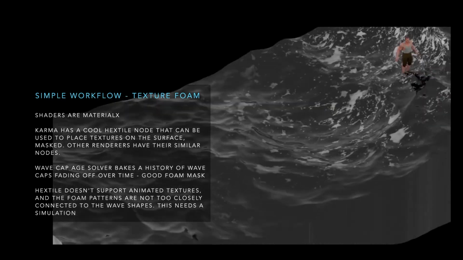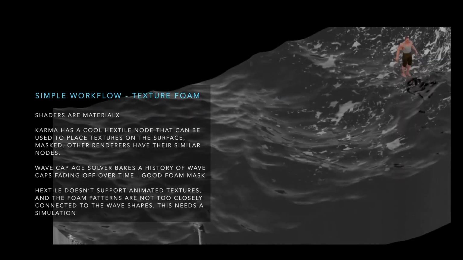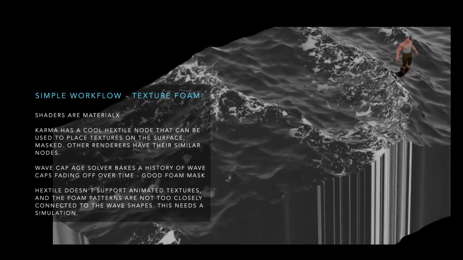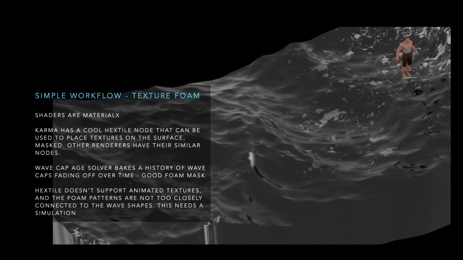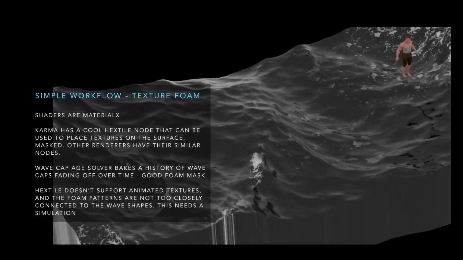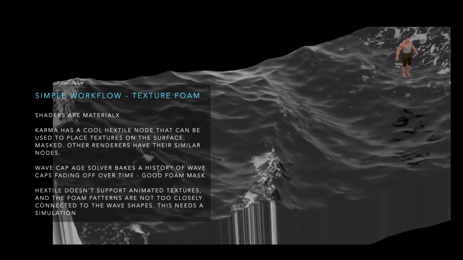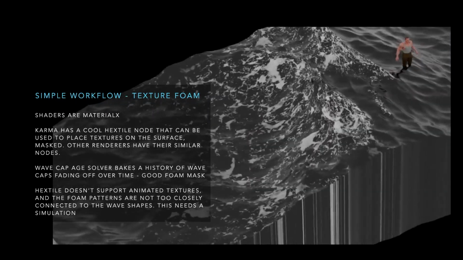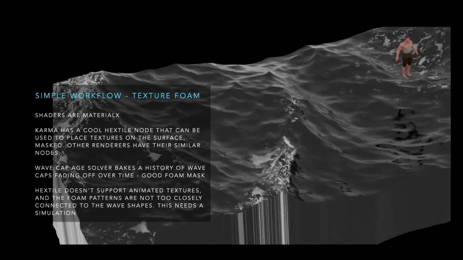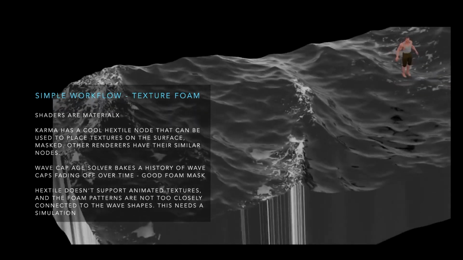There are some limitations here, of course. This Hextile doesn't support animated textures, so you don't see the foam move. This is quite mitigated by the distortions that the ocean environment gives to the UVs, so it's not as bad. But still, if the camera holds one position for a long time, it's definitely going to look quite buggy.